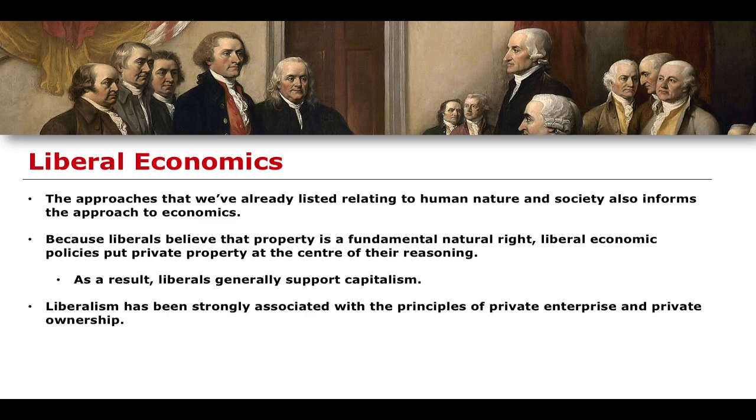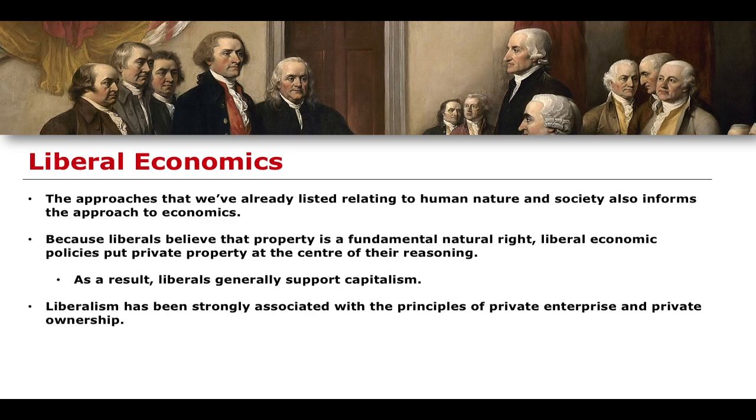So that's just one example of how basic human nature, basic understandings of society extends to beliefs about the fundamental rights to property, and how this fundamental right to property then informs the basis for and the center of reasoning when we talk about economics.